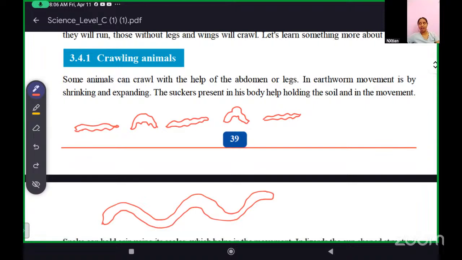A student says they are not understanding how they drag and move, because if you want to drag something like a pencil, you would put a wheel there, but there is nothing to hold it.